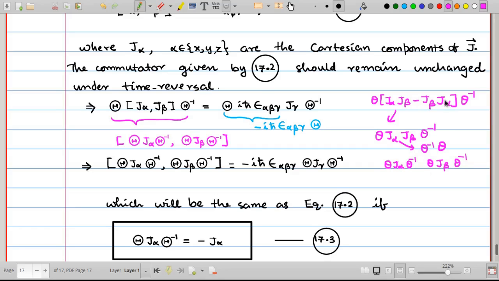Similarly, the second term gives theta J beta theta inverse and then theta J alpha theta inverse, where I have introduced theta inverse theta between J beta and J alpha, and these two together give back this equation.